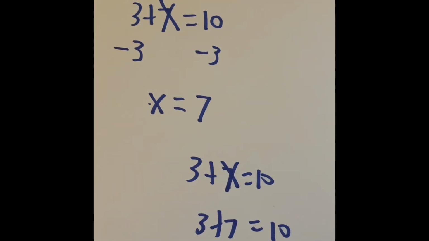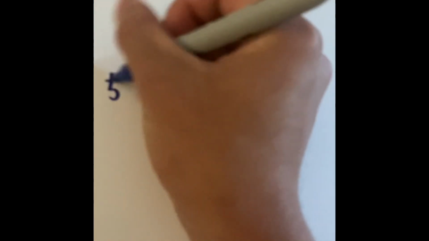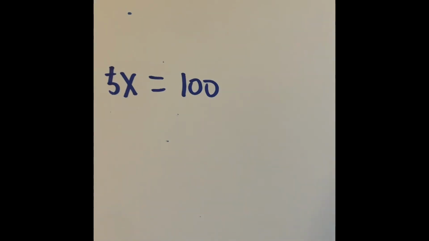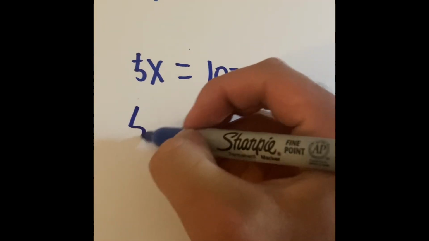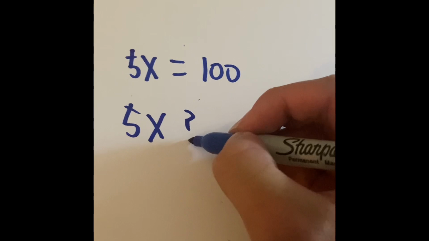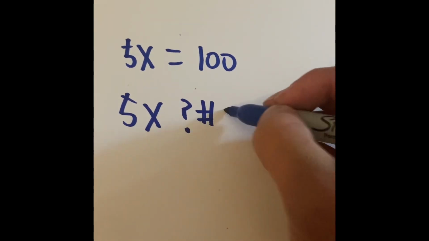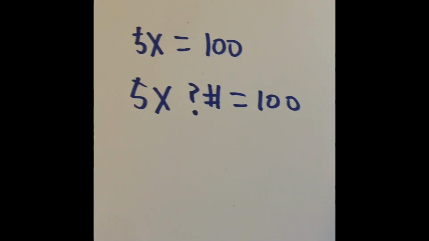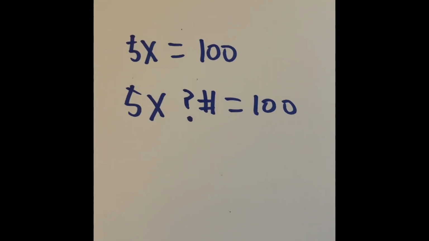Let's try something more challenging. Imagine we have 5x is going to equal 100. That is basically saying 5 multiplied by what number is going to equal 100. Instead of multiplying, we have to work backwards.